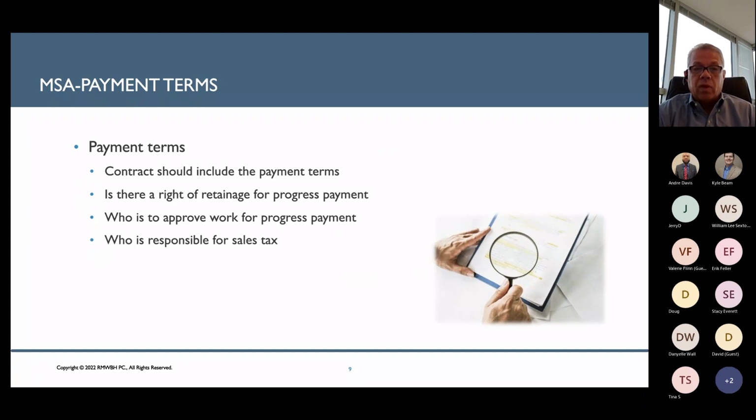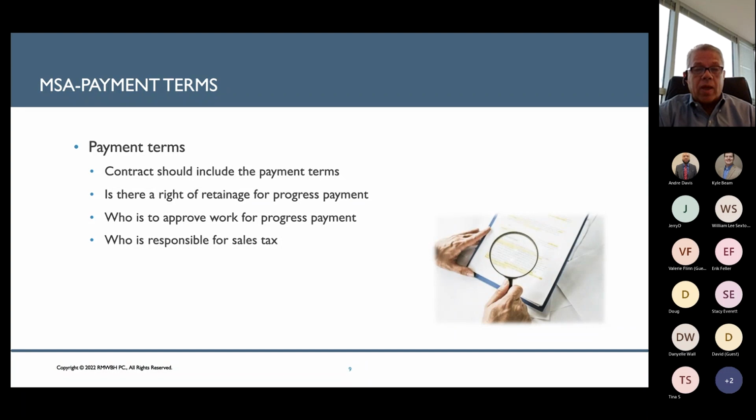So obviously, you want the terms of payment to be in there, whether it's monthly or, if it's a construction type contract, you're probably going to have to put some percentage down, and there may be progress payments. And if it's a construction contract, you may want some retainage, which is an amount you hold back until it is finally complete and you satisfy yourself that there's no subcontractor liens or no other issues before you give that retainage payment to the vendor.